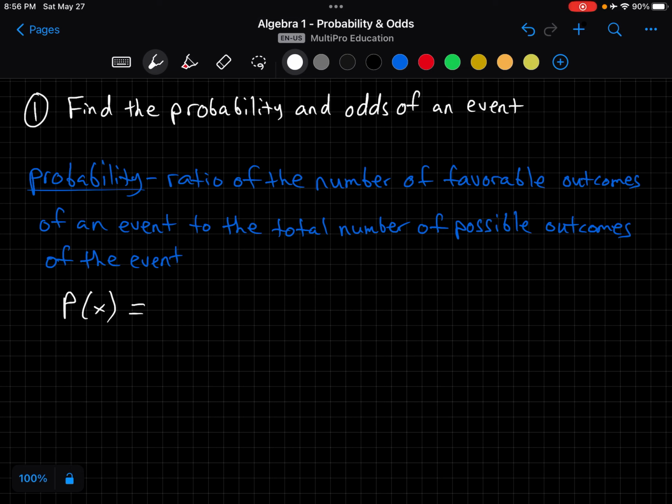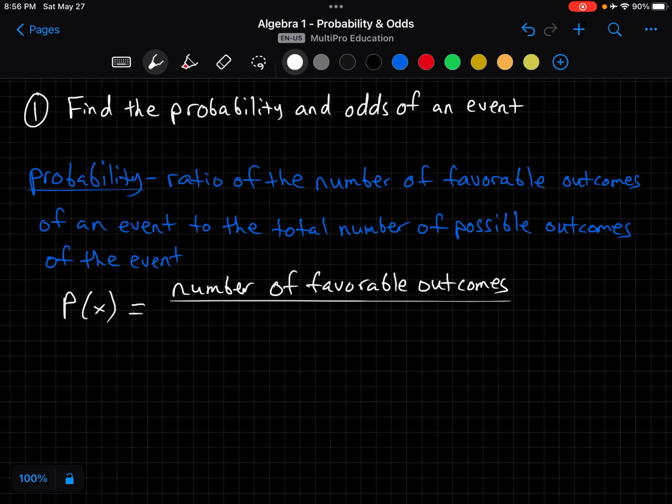If we put this in mathematical terms, this is the number of favorable outcomes divided by the total number of possible outcomes.